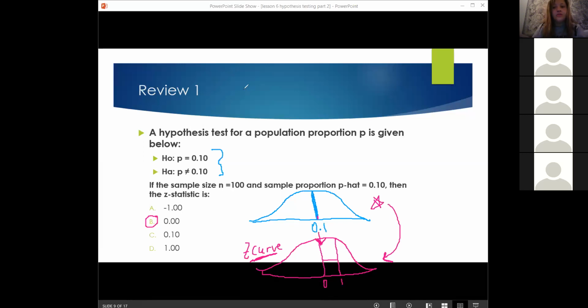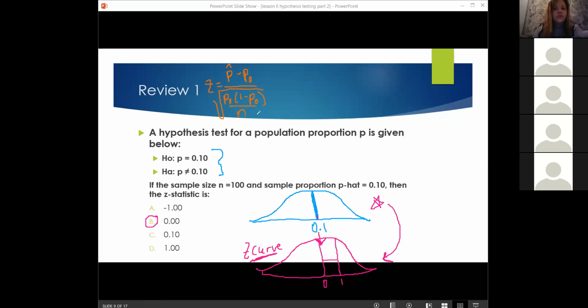You can also use the equation to find a z-score, which we will do up here. The z-score is going to be our p hat minus our null p, divided by the square root of our null p times 1 minus our null p, divided by our sample size.